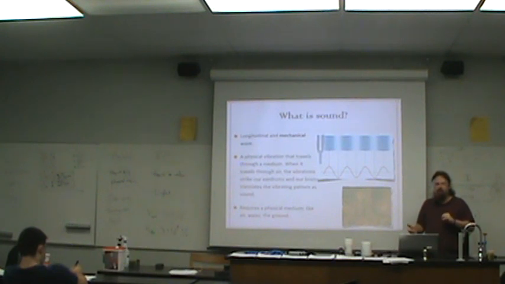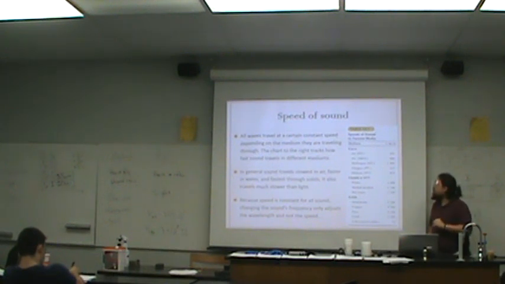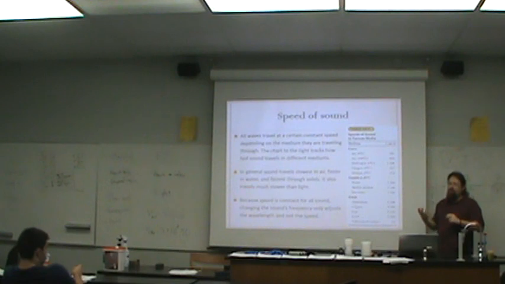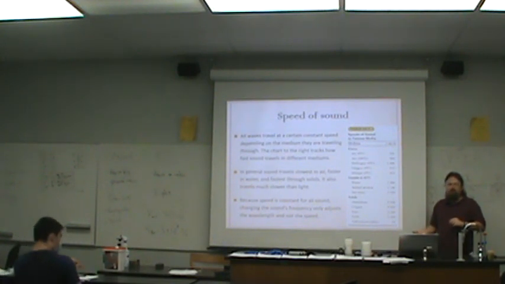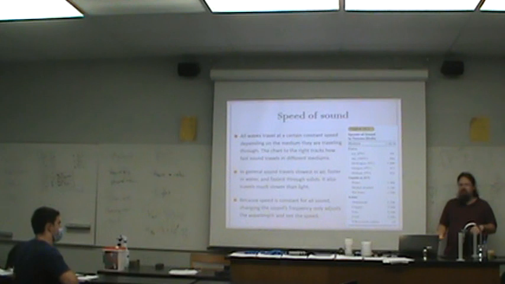We hear it through air because our ears are built for that, but it can travel through other things. What we have here is a list of the speeds of sound through lots of different materials. If you've ever been underwater, you've probably heard sound travel through water. Granted, the human ear wasn't built for that, so it's always going to sound funny, but you can hear something.